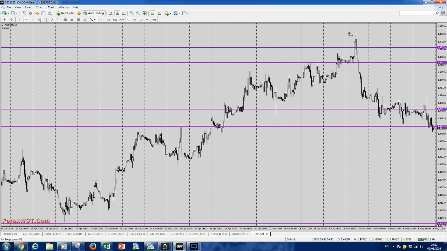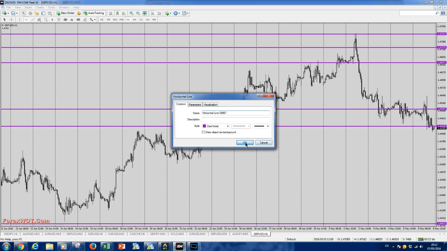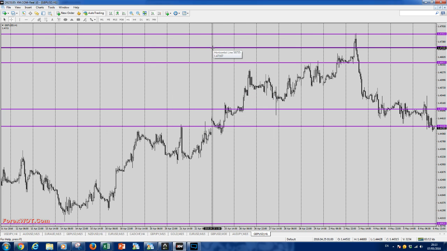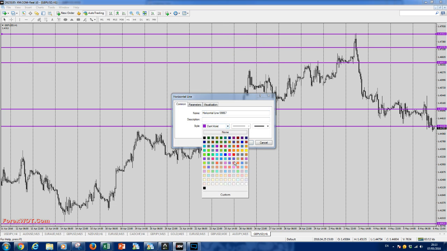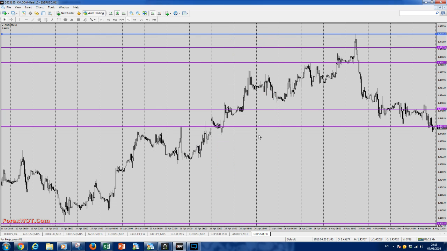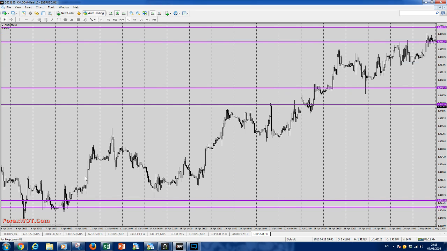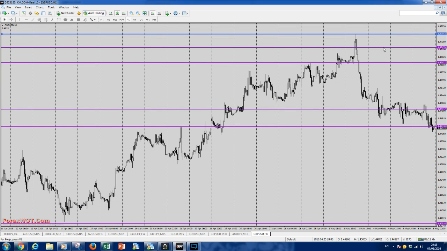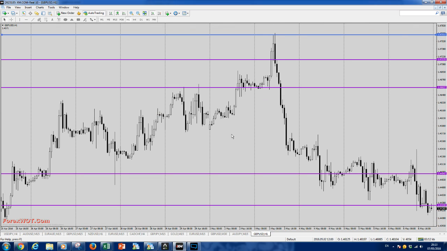Now I could just draw another one here if I wanted to, because that's more than 50 pips. Oh, it is 50 pips. Nah, I could just put it a different color. This is just showing you how to draw lines. Right, so this is quite a wide support and resistance line.